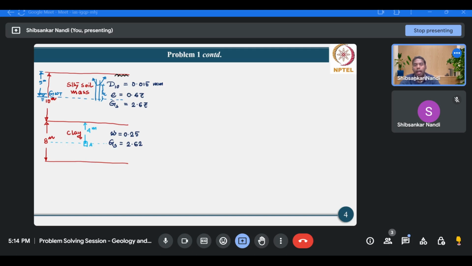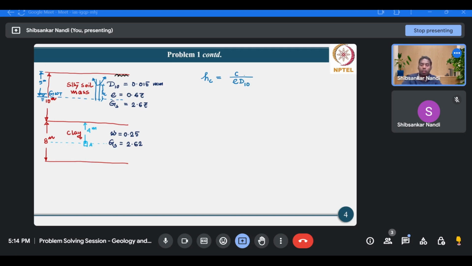For example, Hazen provided an empirical relationship for the calculation of AC, and this empirical relationship is AC equals C by e times D10.